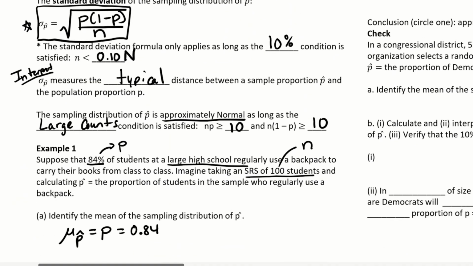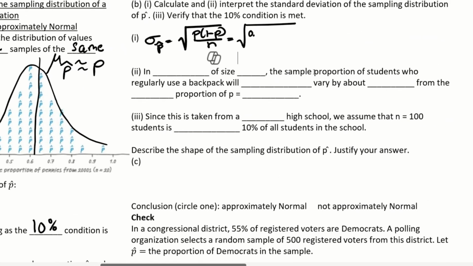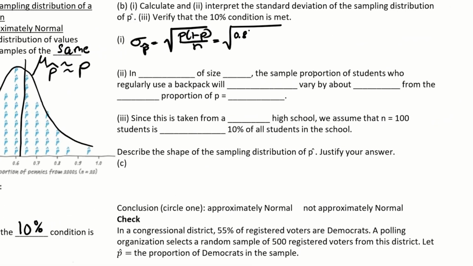So 0.84, and then we had a sample size of 100 students. So we got 0.84 times 1 minus 0.84. 1 minus 0.84 is 0.16. Divide that by 100 students, and we get a value of 0.0367.